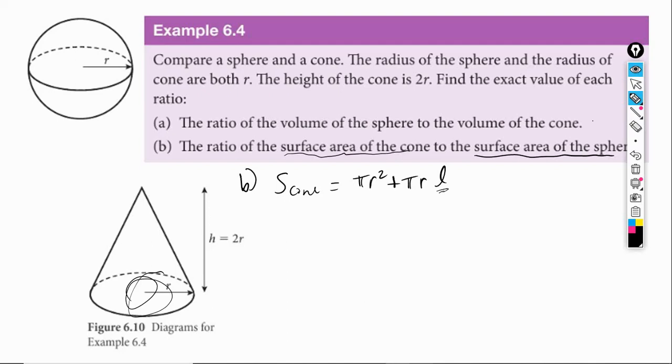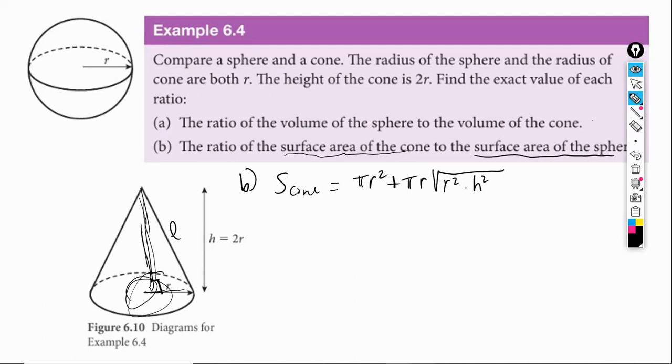But notice that because this is the height here, and the base of this right triangle is r, we have that L, the slanted height, is actually equal to the square root of h squared plus r squared, which is the Pythagorean theorem. So let's substitute that there for a second. And let's rewrite it as square root of r squared plus h squared.